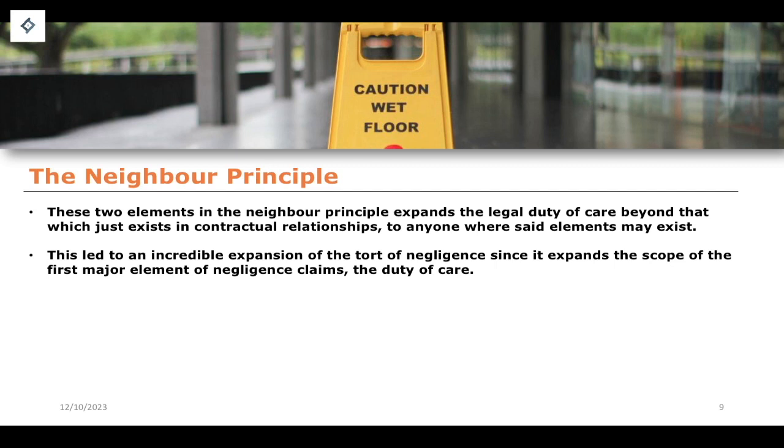And what we will see in the next lesson is this case essentially being picked up by subsequent cases. And there has been something of an expansion of the legal duty of care, and then a restriction of the legal duty of care, and a sort of reformulation to the point where we have the principles that exist today. So we're going to get into that as we look at the development of this principle of the duty of care in the next few lessons' time.